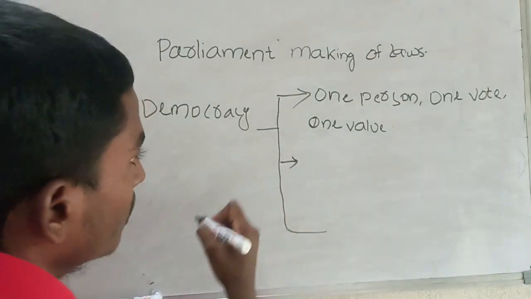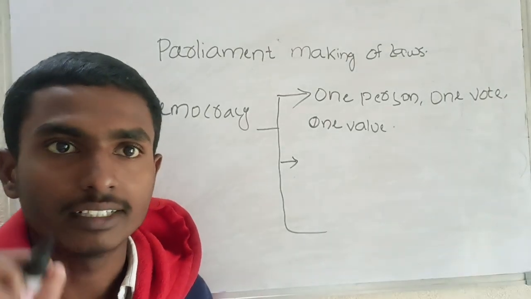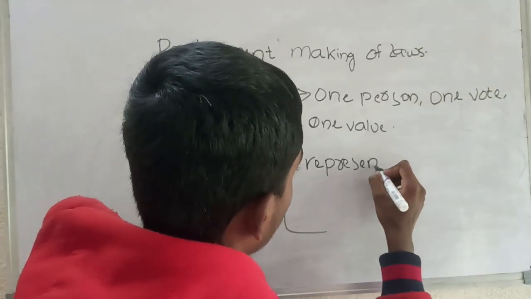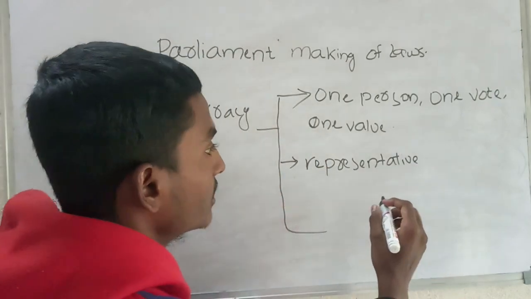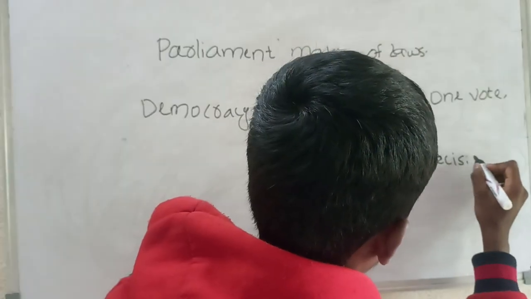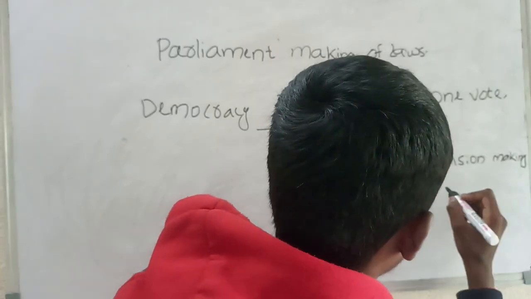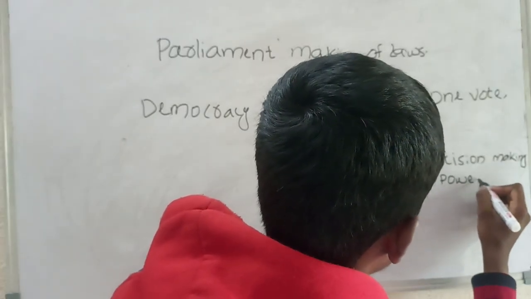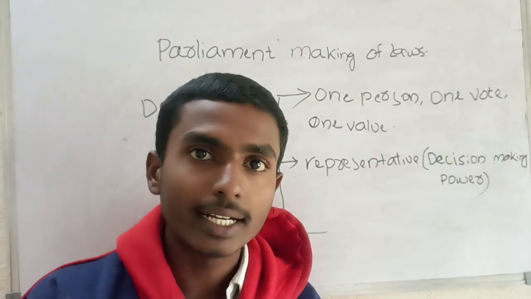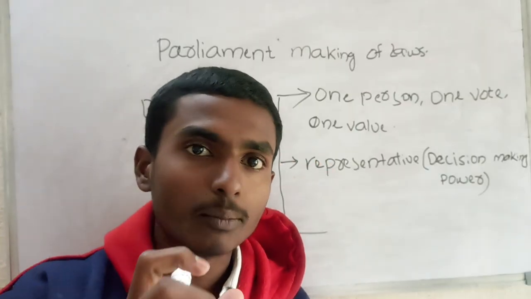Second, people elect representatives through the process of election, and those representatives should hold the decision making power. For example, in Pakistan the people elected representatives, but the power lies with the army personnel, so it is not democratic.